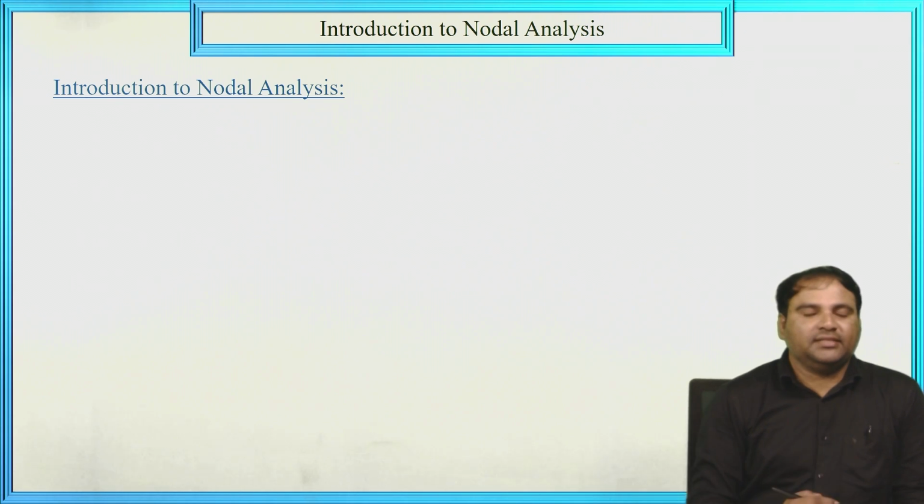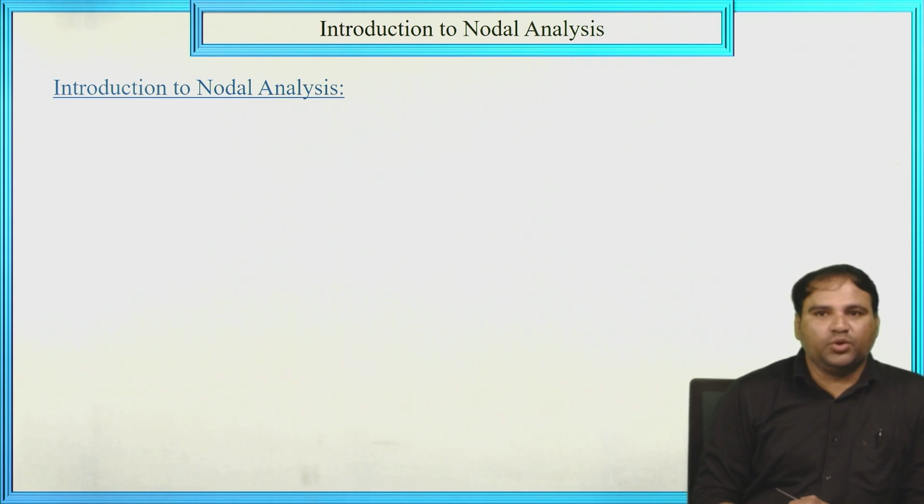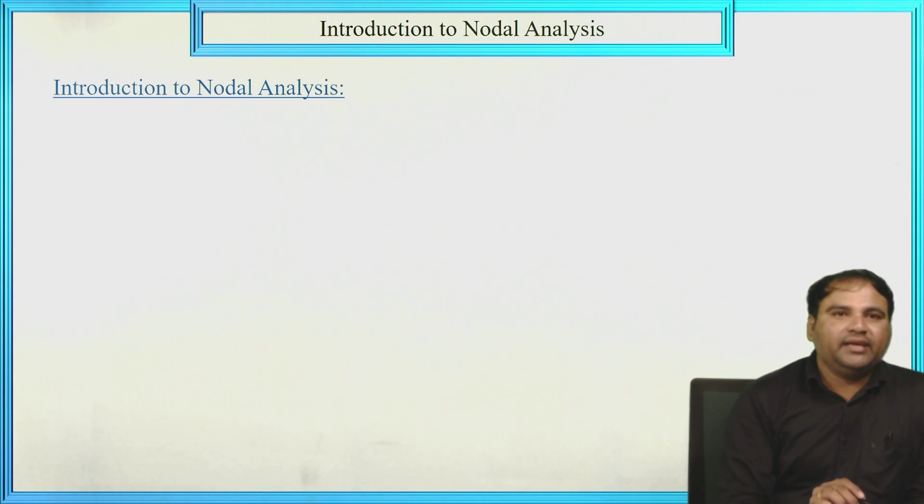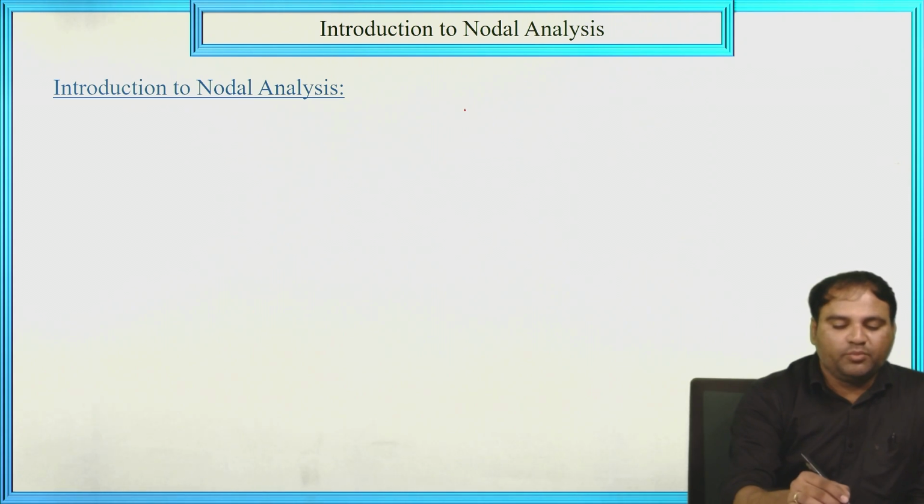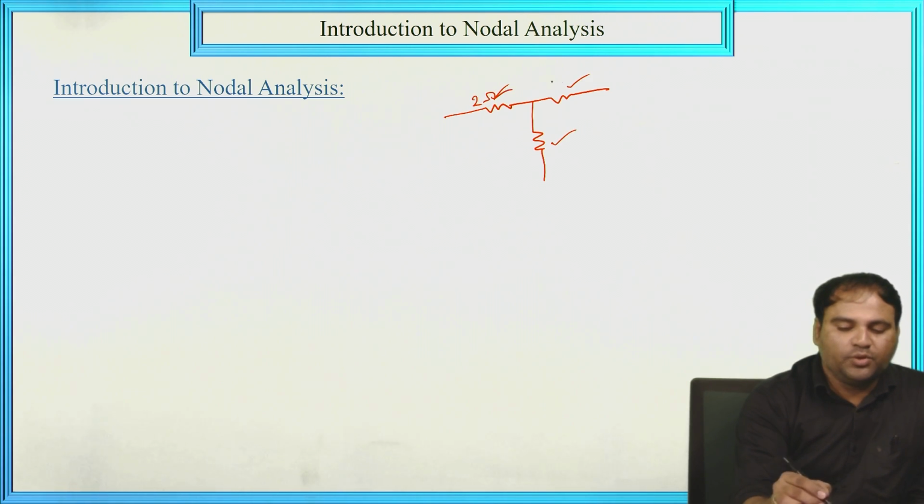Okay, so here the introduction part. In this introduction, first, what is meant by a node? A node is any point where three elements are connected at a single point. Here we have one element, a second element, and a third element, or let us take 2 ohm, 3 ohm, and 4 ohm.